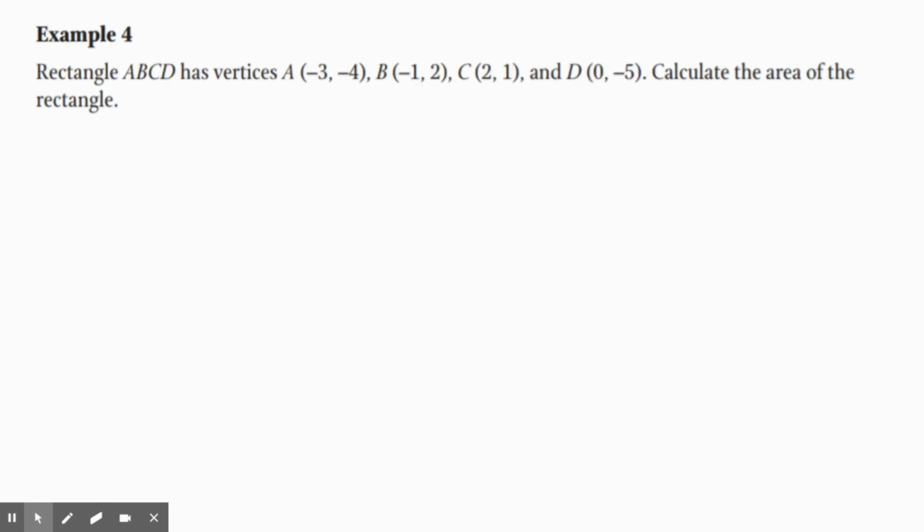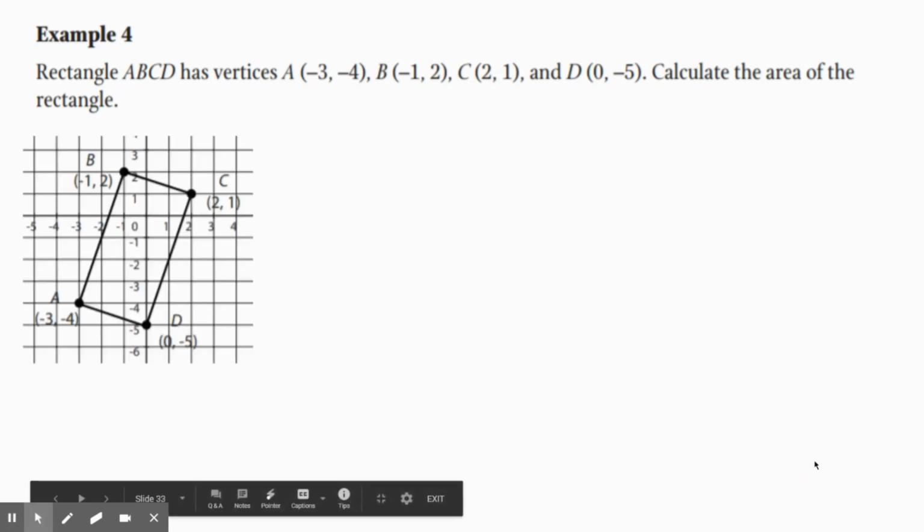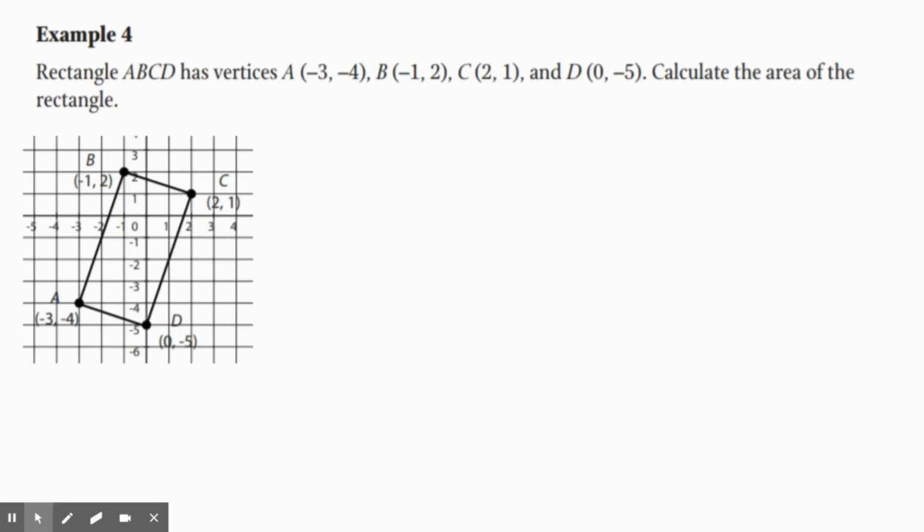Rectangle ABCD has vertices of A(-3, 4), B(-1, 2), C(2, 1), and D(0, -5). Calculate the area of the rectangle. Now, you could use the same method again, but that would be kind of pointless because we already have a rectangle. So why don't we just use the distance formula?